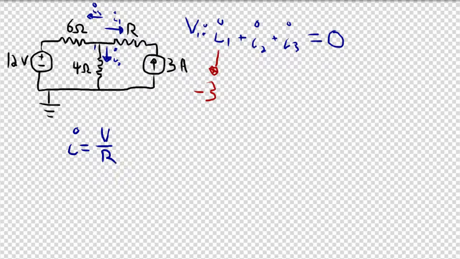If we put the start voltage here and the end voltage there, generally what we would say is that it's equal to the voltage of the first node minus the voltage of the second node over the resistance of the branch. And that's a general statement for all nodes with just a resistive load between them.